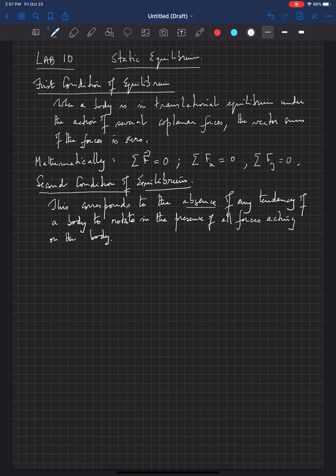Okay? And so the actual statement of the second condition of equilibrium is the following.